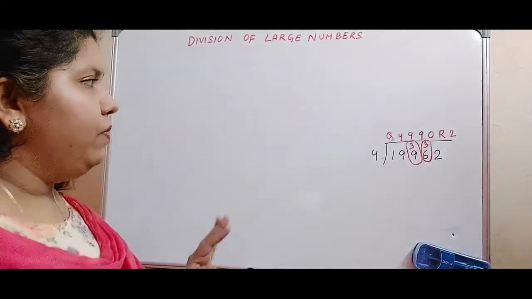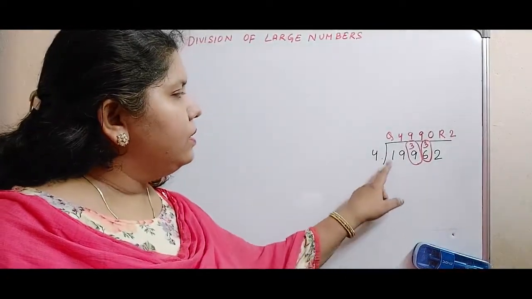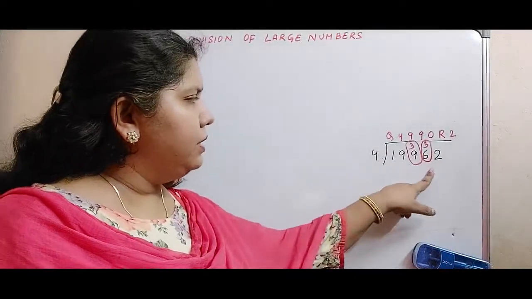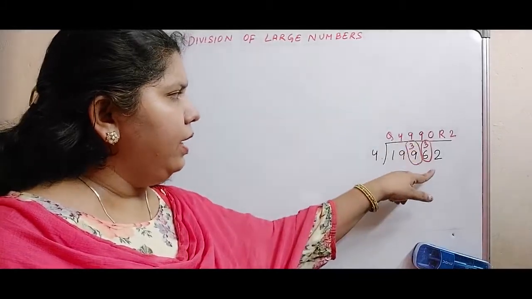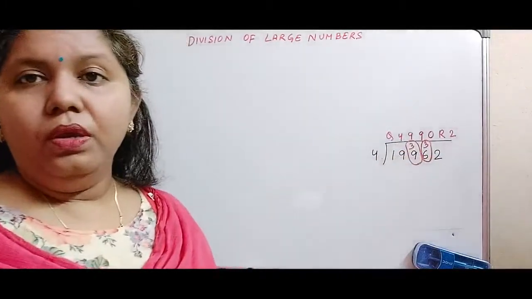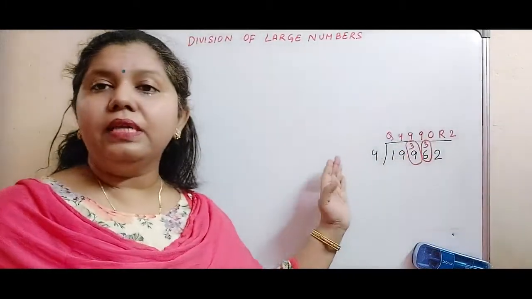Now suppose we have completed our division here. As you see in this example, it is 19,962 divided by 4 and we got quotient as 4,990 and remainder as 2. So how to check whether our division is correct or not?